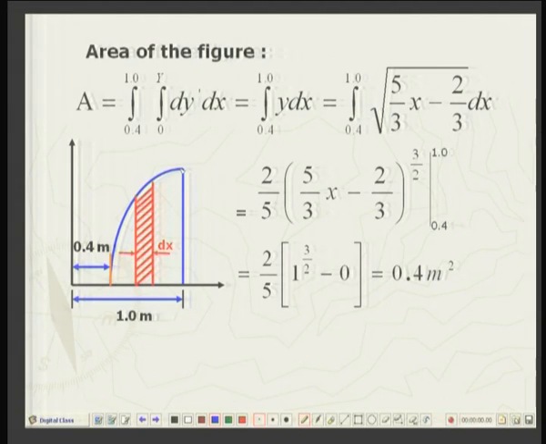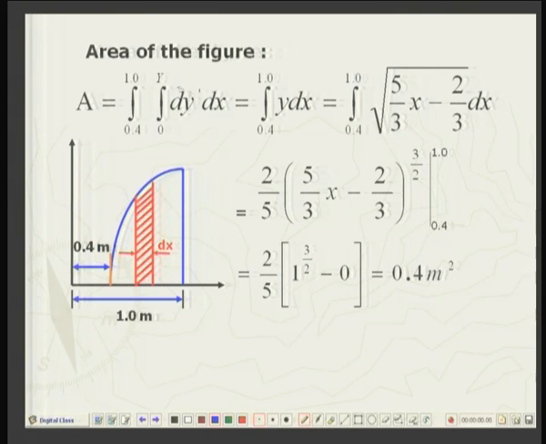Now, to obtain the area of the figure, we have to use the area integration. The area, infinitesimal area, you can imagine is, we have already done, dx into dy. Now, I am using y dash, because y is the upper limit of the integration on y dash.